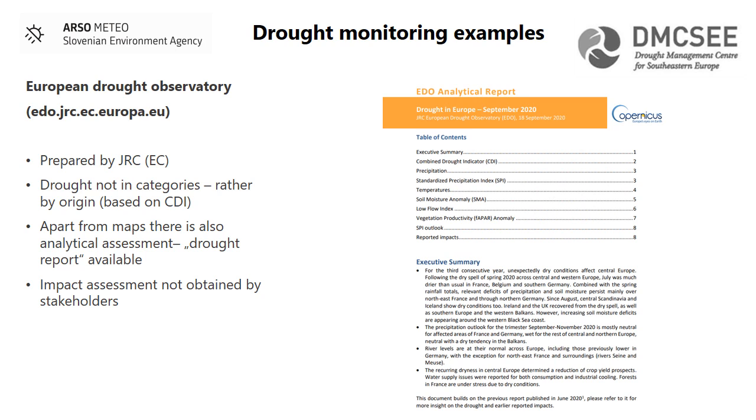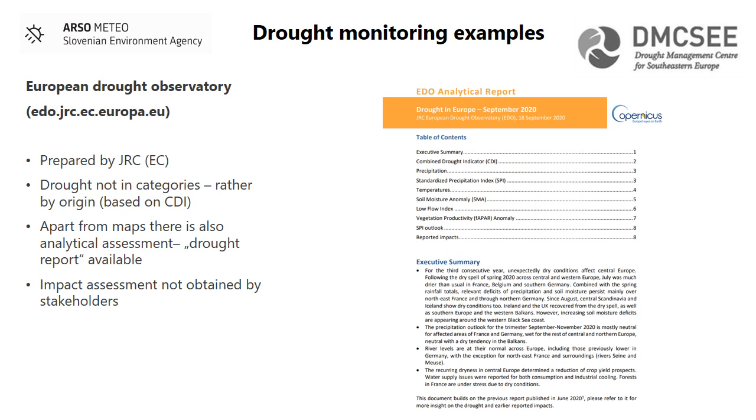Apart from the maps themselves, there is also an analytical assessment, the so-called drought report. The different levels of this combined drought index are explained here in more detail. However, as I said, more extensive information on drought impacts is missing.